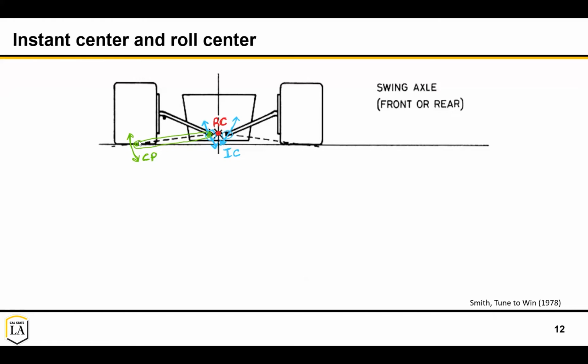And in addition, because this acts kind of like a two-force member, forces on the contact patch act along this line here of this two-force member. When it's very high, it'll also push on the sprung part and raise it up, and we call that jacking. So in the case of the VWs with the straight swing axle, they actually had this problem a lot.